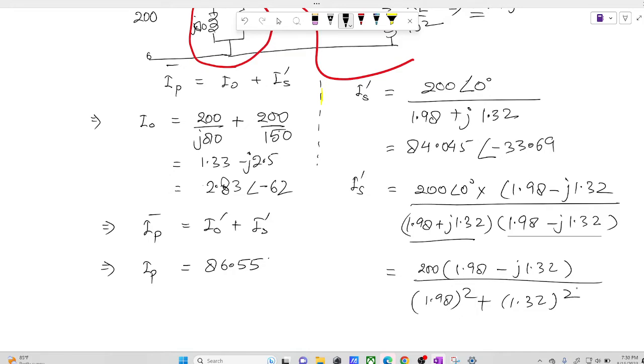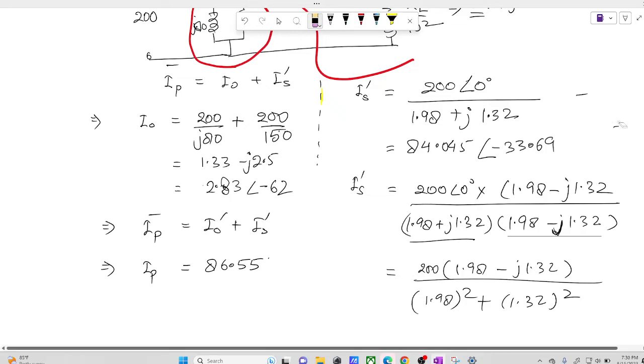Now, minus of j square: since j square is equal to minus 1, minus of j square will be plus 1. Okay, sir, clear, thank you.